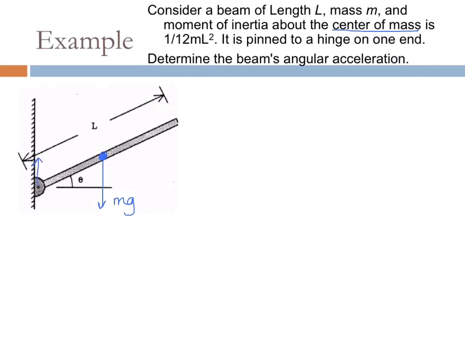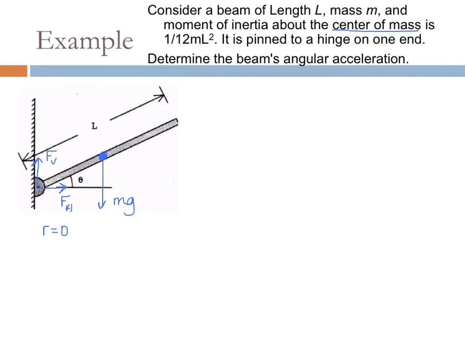So the hinge is providing vertical forces and horizontal forces at all times. But because these forces are located a distance of 0 away from the axis, they don't actually provide any torques. So this mg is the only thing that's providing torque or causing rotation.